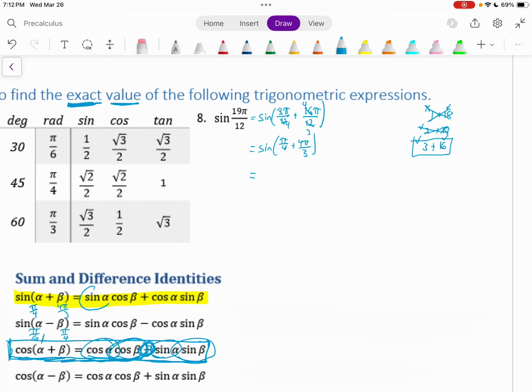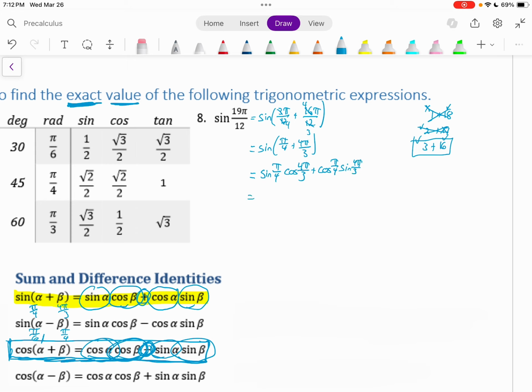So we're going to do sine of alpha, so sine of pi over 4, cosine beta, so cosine of 4 pi over 3, plus cosine alpha, so cosine pi over 4, sine of beta, so sine of 4 pi over 3.